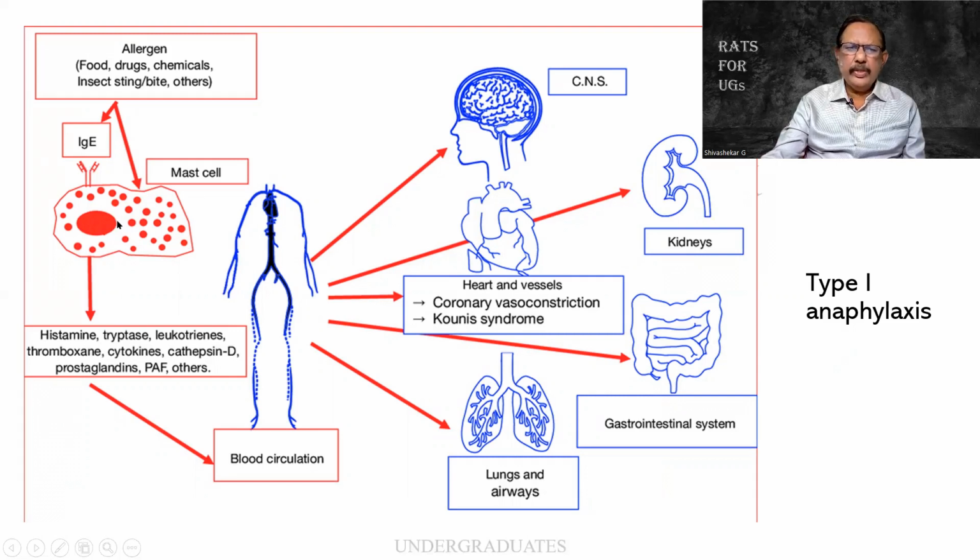So this leads to the release of the histamine, leukotrienes, thromboxane, cytokines, etc. They are all the various mediators which can act on the circulatory system and the various other organ systems as well. So obviously you know the changes, or we shall be touching upon them later on.